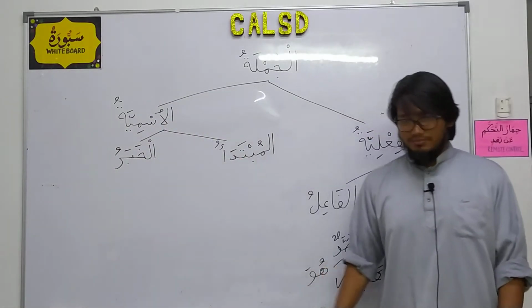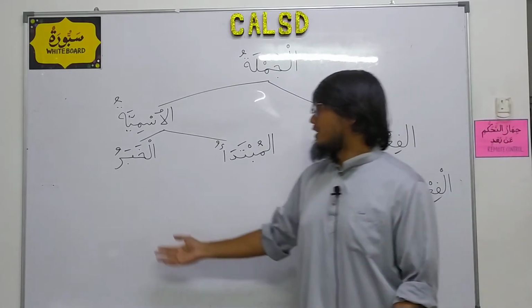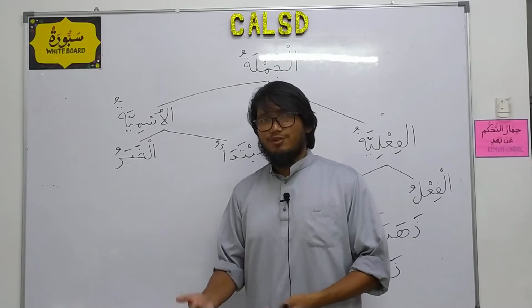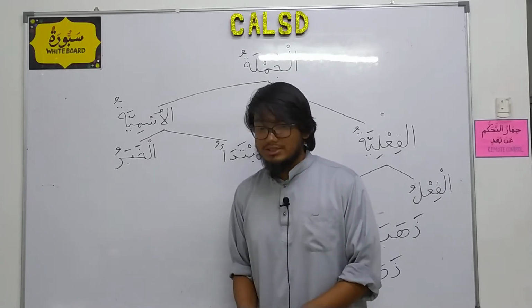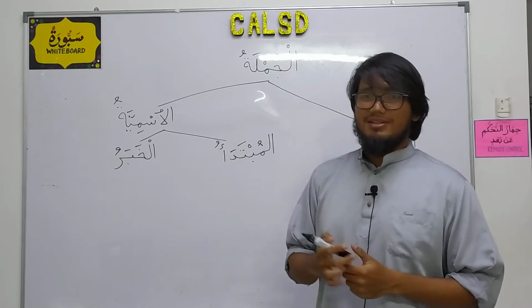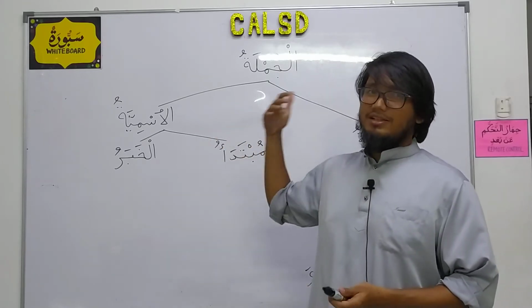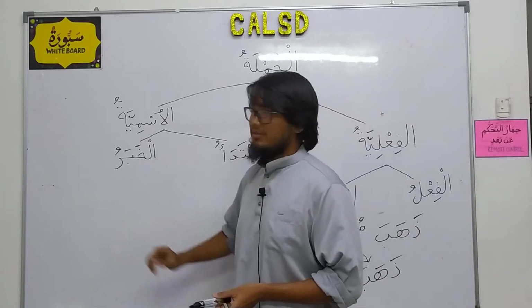Mubtada wa khabar. Mubtada basically means subject, and al-khabar is the predicate. For those of you who have learned grammar in English or Malay, we've learned the terms subject and predicate. So in Arabic as well, they have mubtada and khabar.